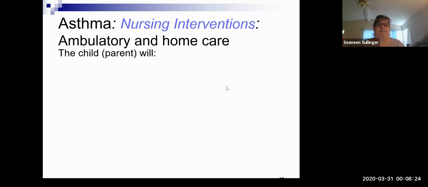The child and or parent will be able to explain their asthma action plan, will know when to call the doctor, will know what it means to be in the red zone versus the yellow zone. Will be able to identify 2 activities that they can participate in without exacerbating the asthma. Those would be goals.